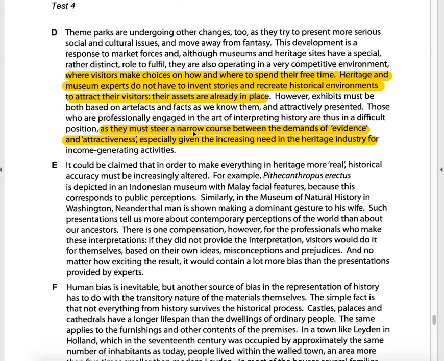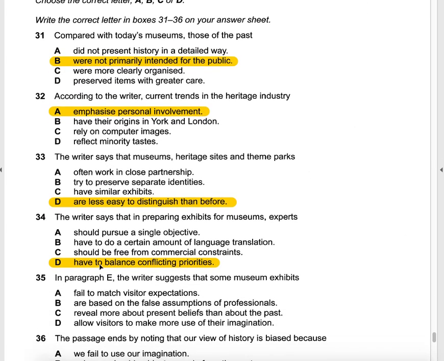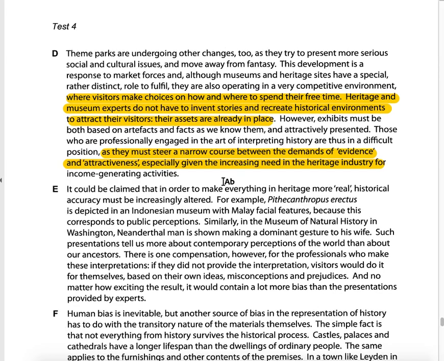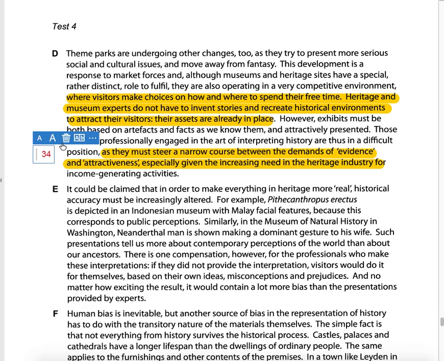They have to be very careful to balance the evidence and the attractiveness. Okay? That's 34, and also 29.